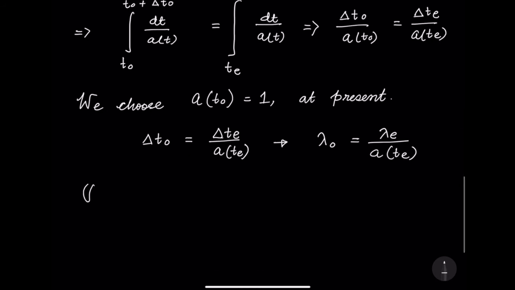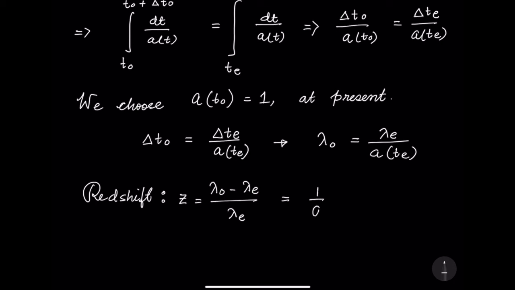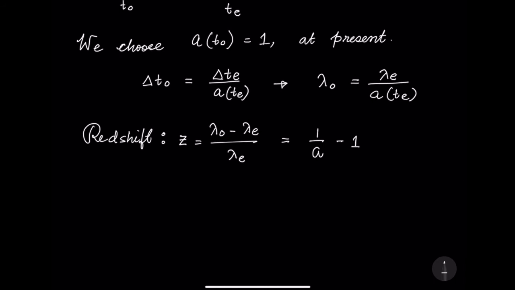And as Hubble gave things in terms of the redshift, which is defined by lambda observed minus lambda emitted by lambda emitted, and is called Z in cosmology, and I think also in spectroscopy, it is just 1 by A minus 1. So you find a very useful and famous relation, which is A equals 1 by 1 plus Z.